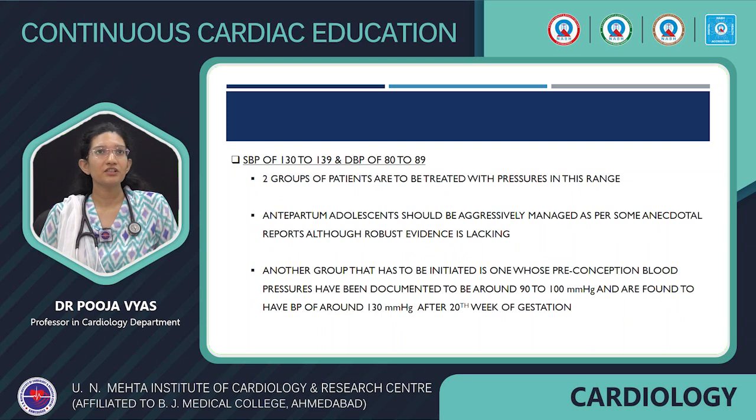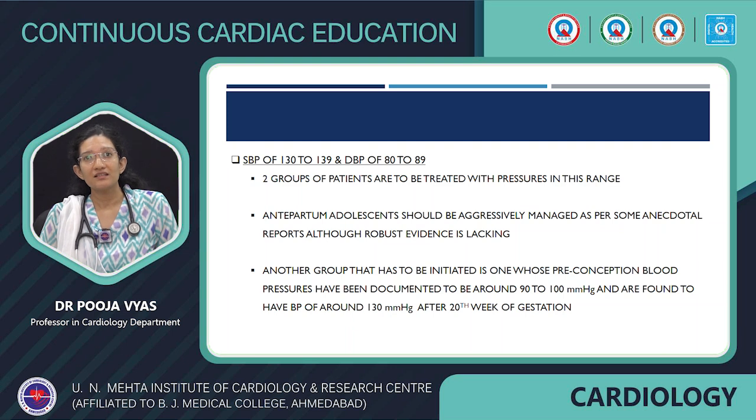Now, when the systolic blood pressure is between 130 to 140 and diastolic is between 80 to 90, in this borderline range, two groups of patients should be treated. One group is antepartum adolescents.